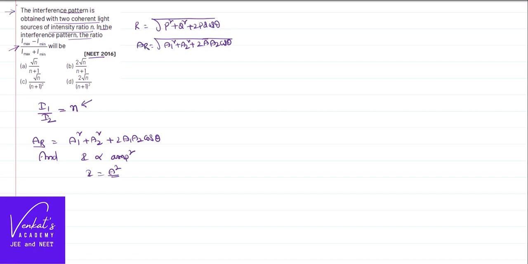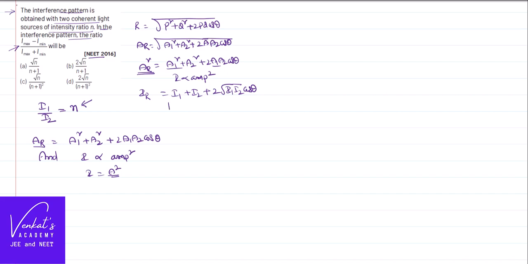You square this: A resultant square equals A1 square plus A2 square plus 2A1 A2 cos theta. Intensity is directly proportional to the square of amplitude. So in the place of A resultant square, I can write I resultant equals I1 plus I2 plus 2, and in the place of amplitude, I can write square root of intensity, cos theta.